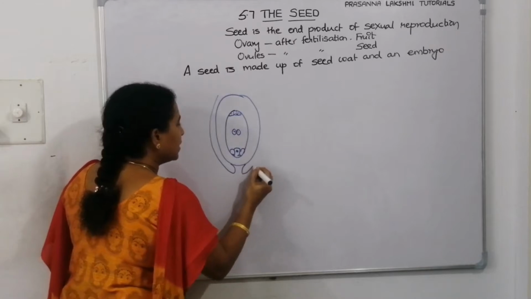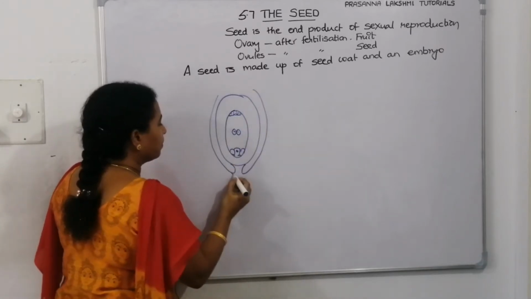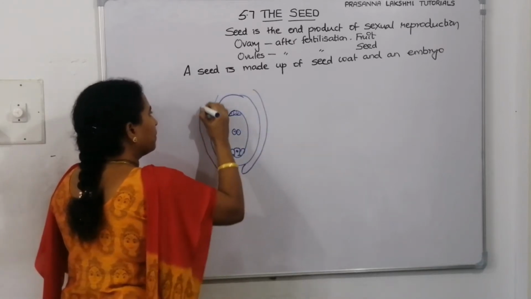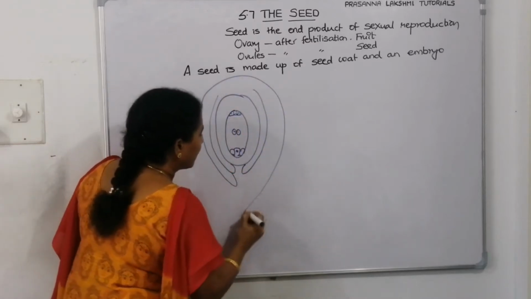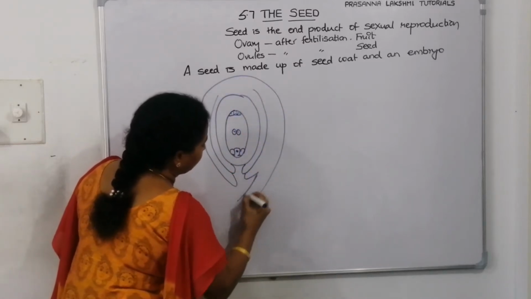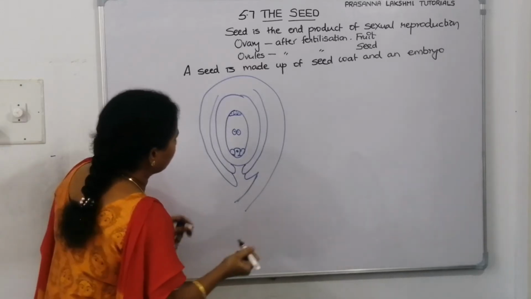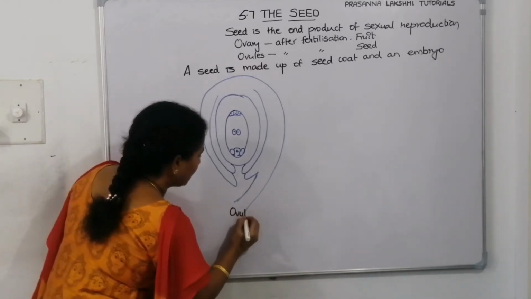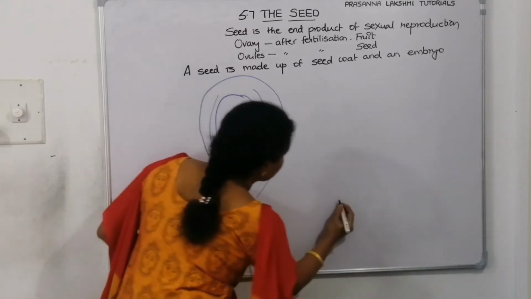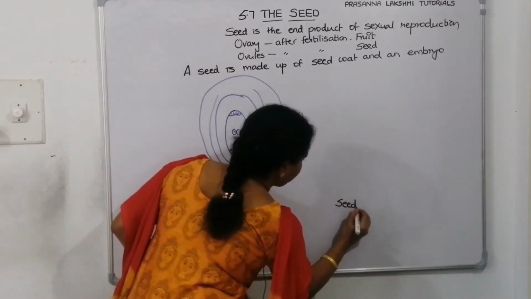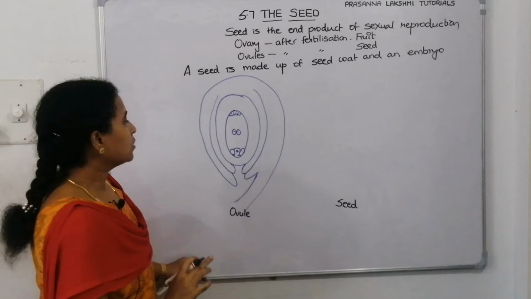This is the inner integument of the ovule, and the outer integument of the ovule. So what is this? This is the ovule. The ovule only will turn into seed.